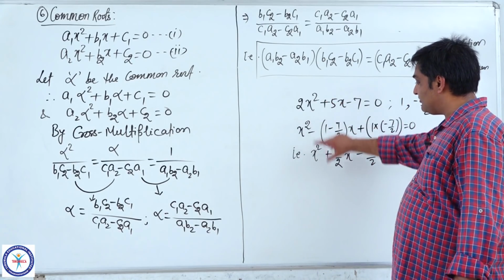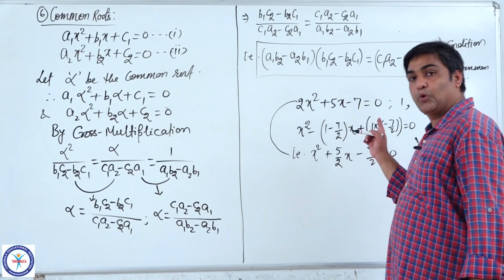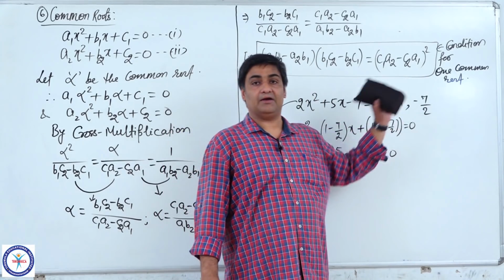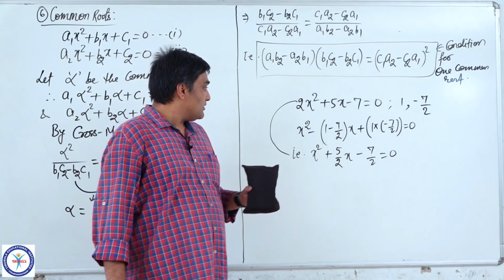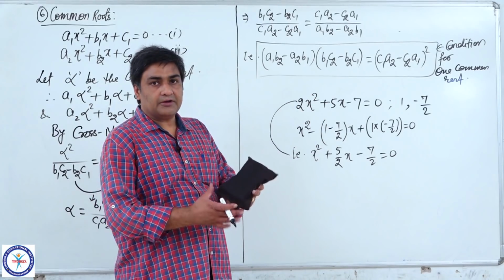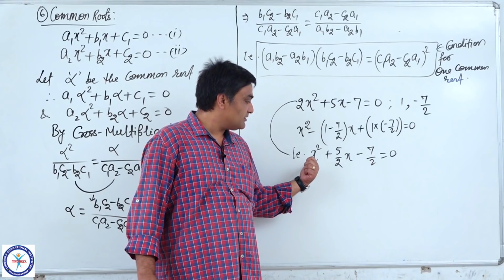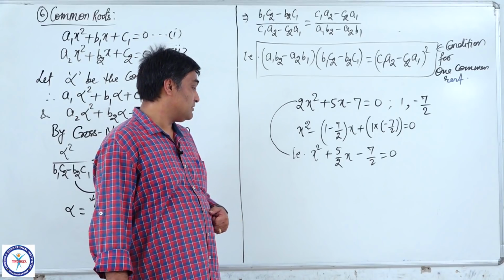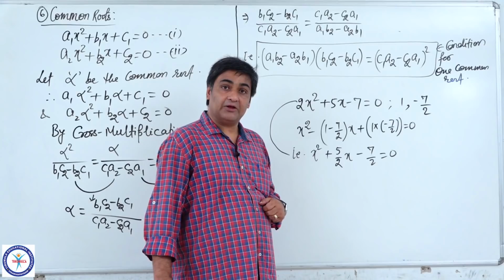Can you observe these two equations? Both are having roots 1 and minus 7 by 2. If you observe closely, here the coefficient of x square is 2. Here the coefficient of x square is 1. Here coefficient of x is 5.